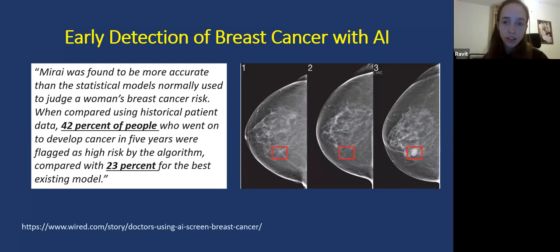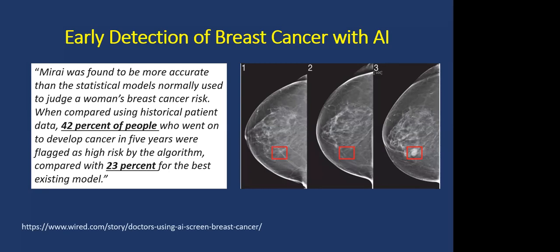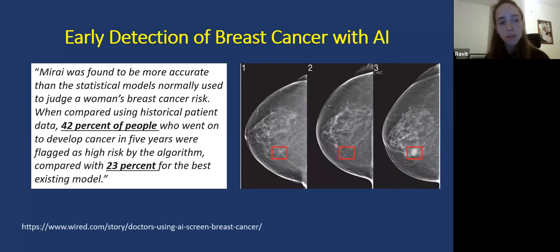They decided to implement a generative adversarial network-based algorithm developed in the lab of Regina Barzilay at MIT. And they compared it to an existing statistical model, and they saw that 42% of people who went on to develop cancer in 5 years were flagged as high risk by the algorithm, compared with 23% for the best existing model, which is, I think, quite impressive.